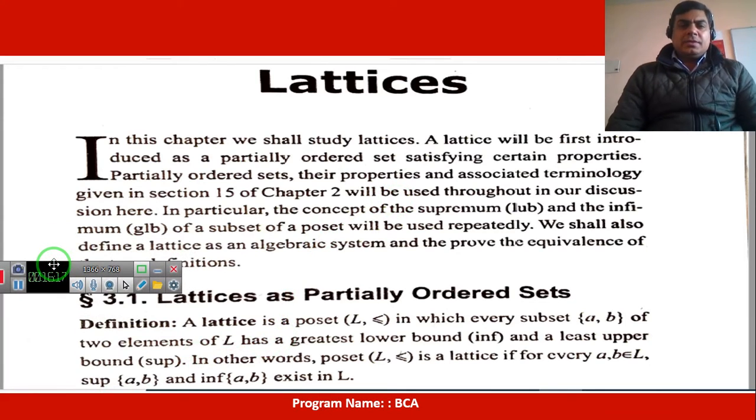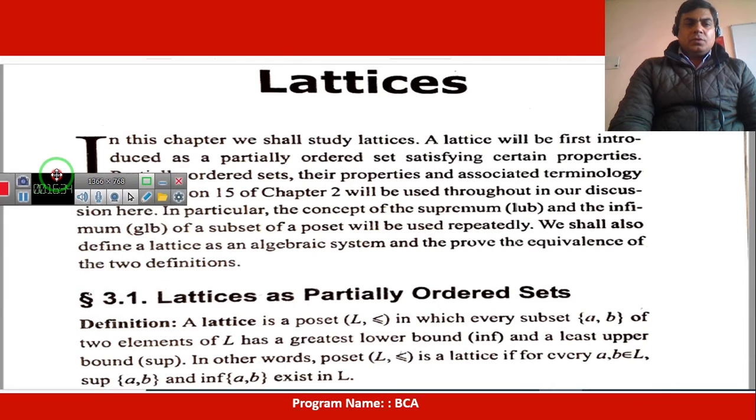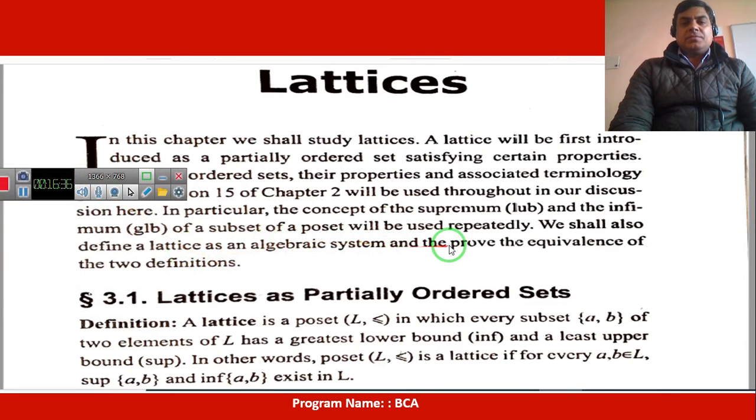In this chapter we shall study the lattice. In particular, the concept of the supremum, the least upper bound, and the infimum, the greatest lower bound of a subset of a partially ordered set, will be used repeatedly. We shall also define a lattice as an algebraic system and prove the equivalence of the two definitions.